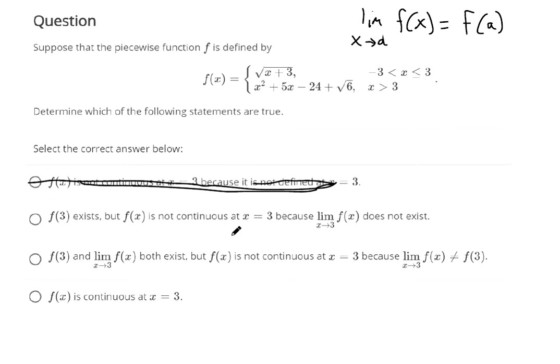But f(x) is not continuous at x equals 3 because the limit does not exist. No, that's not true either. Look, if you take the limit as x approaches 3, actually, hold on, because for the limit to exist, the left and right hand limits would have to be the same.